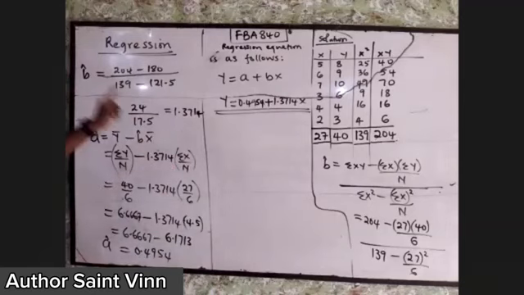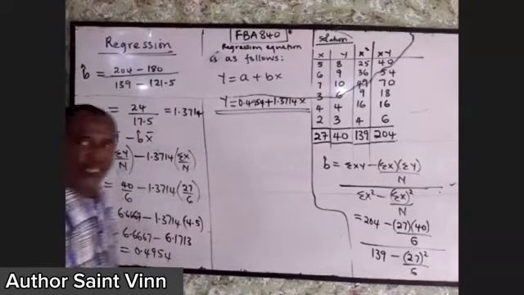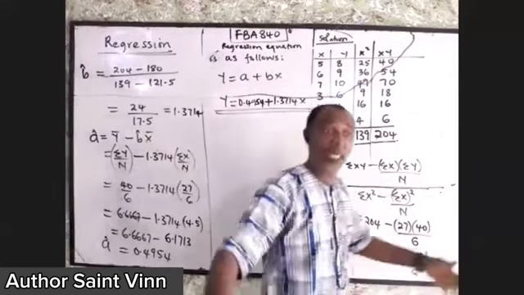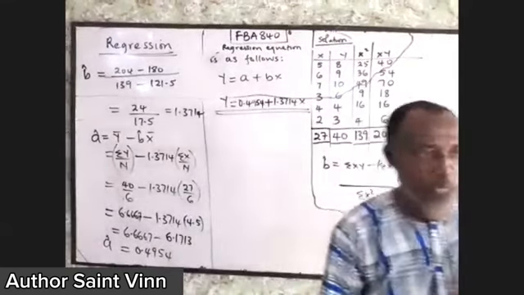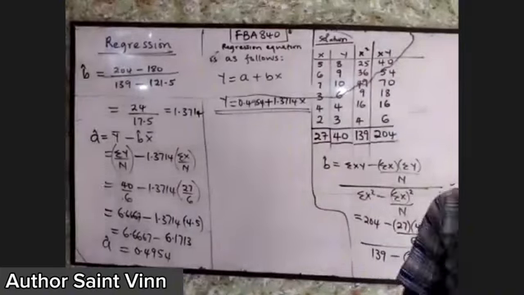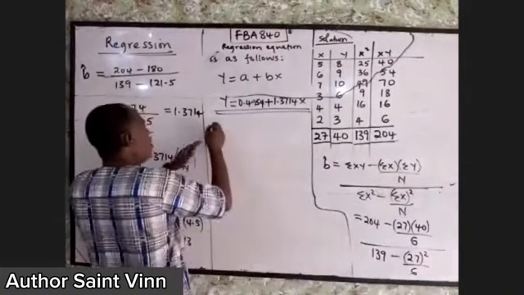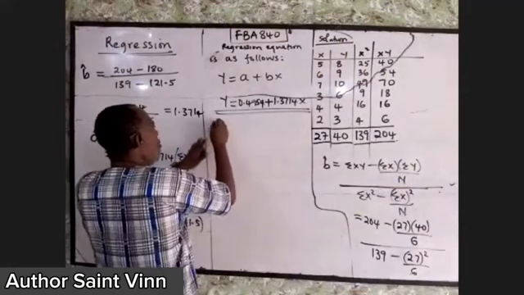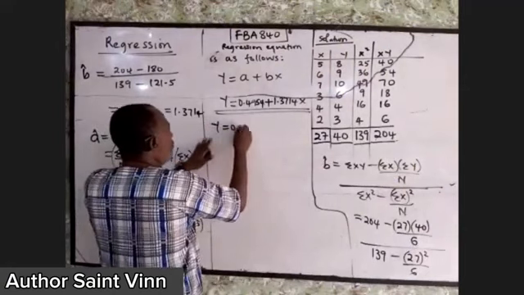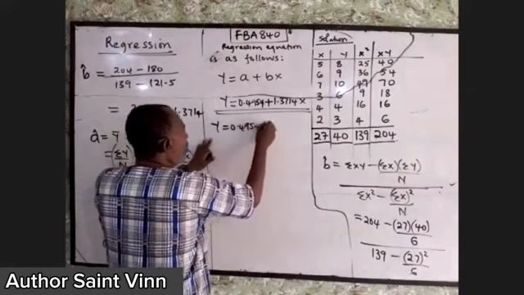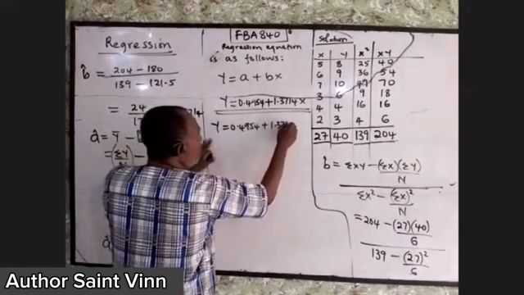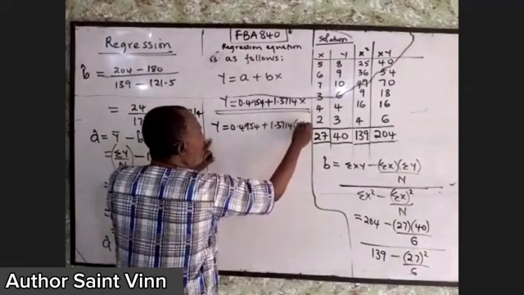Without this regression equation, we cannot answer that question that says we should find the family income when the expenditure is 3.5. That means we cannot say family income without it. So it is 0.4954 plus 1.3714 times the family expenditure, which is 3.5.